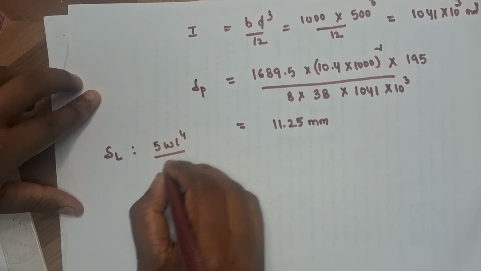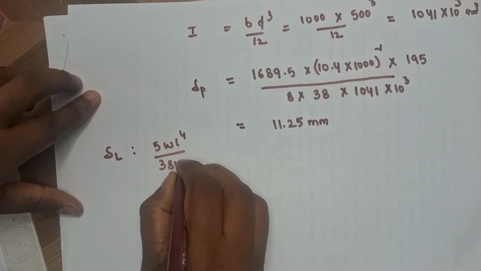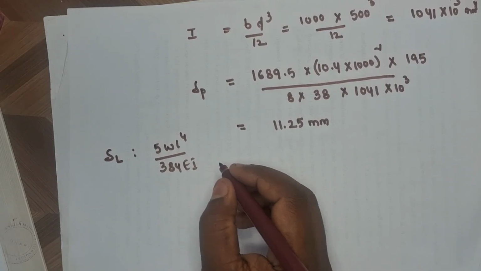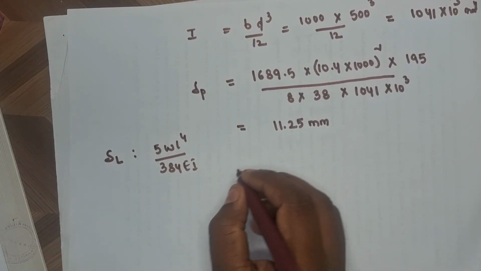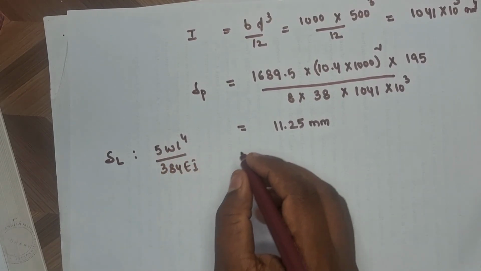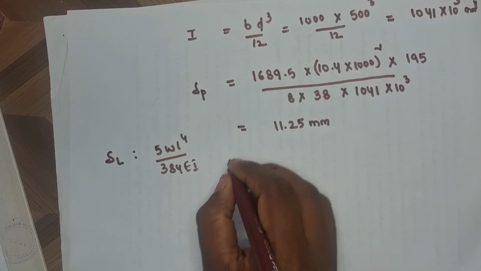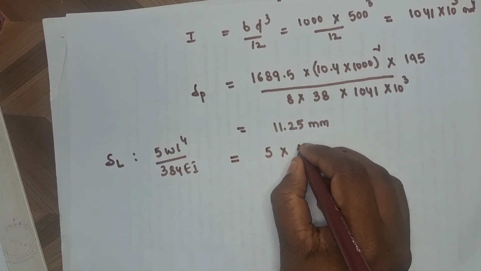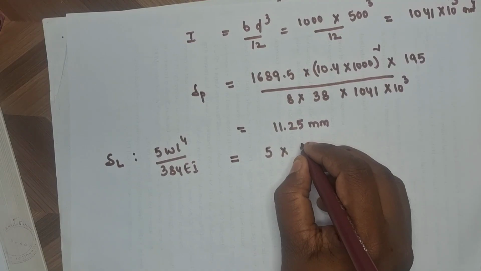Now we need to determine deflection due to load, that is 5 times WL to the power of 4 by 384 EI. Here we need to determine the weight. What is the load given? W is 33.5 kN per meter.